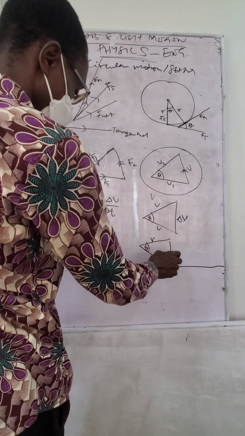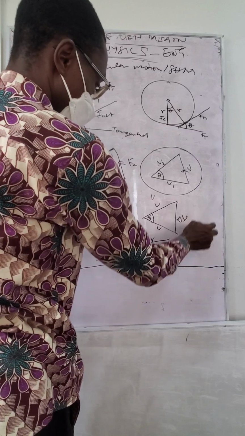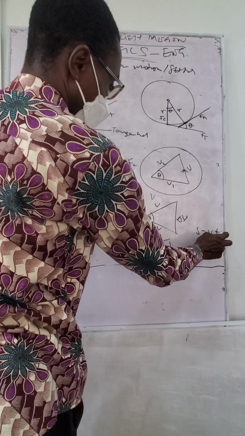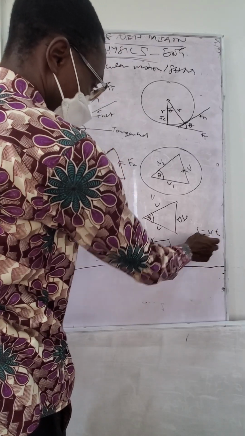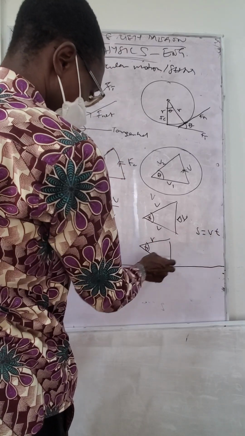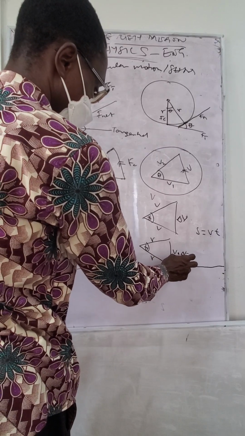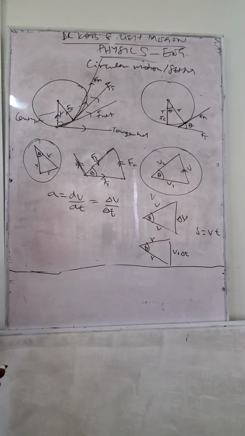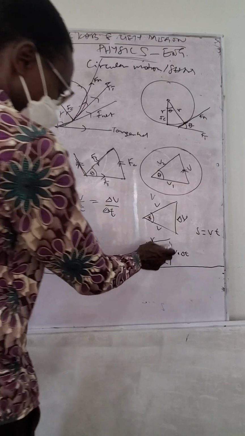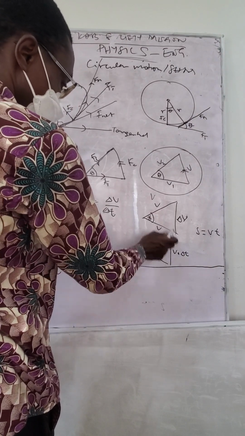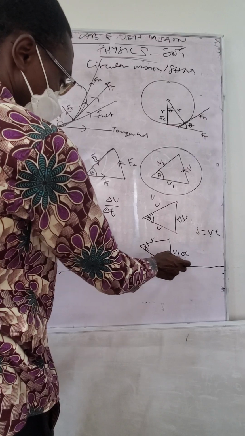Let me put it this way. So far as this is supposed to be a distance, if you want to find distance, distance is equal to velocity times what? Time. Because velocity is constant here, R is constant, you can say V times change in t. Assuming this is distance, then this distance will be your velocity times your time.